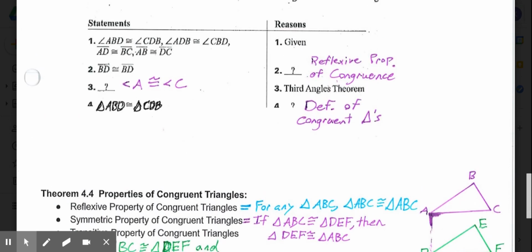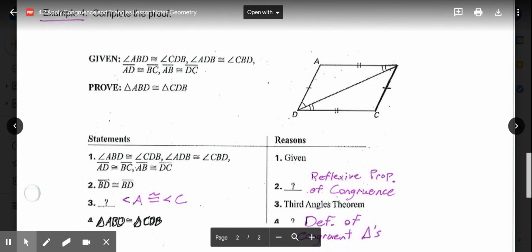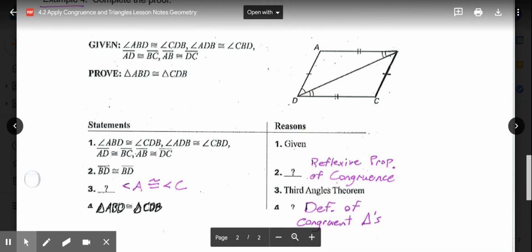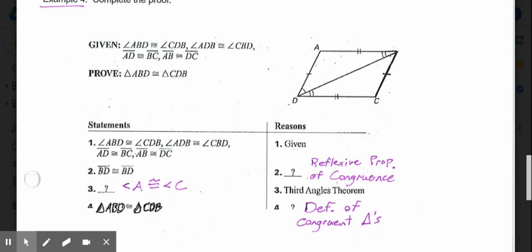And then we're looking at our proof here. So to complete the proof, again, they gave us statements on the left, conclusions or reasons on the right, and we're filling in the blanks. So we were given that angle ABD is congruent to CDB, angle ADB is congruent to CBD, and then segment AD is congruent to BC, AB is congruent to DC.